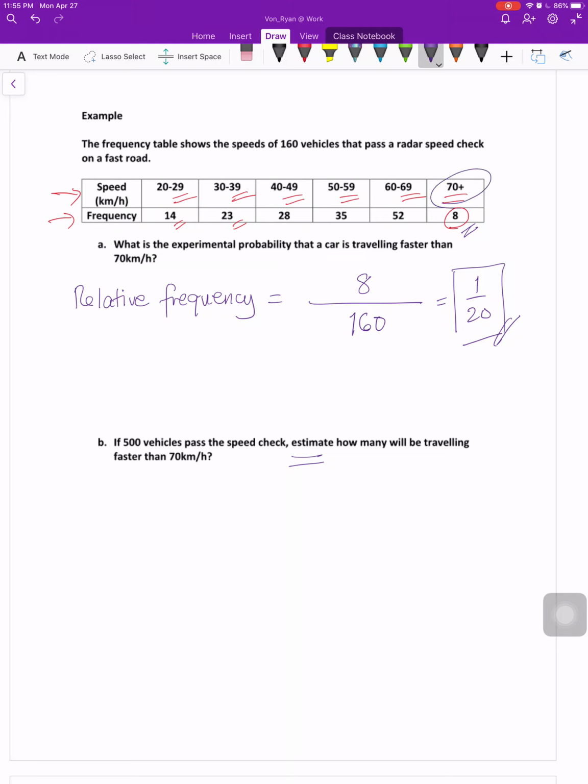And so we use our experimental probability or our relative frequency to estimate. So if we have 500 vehicles traveling, how many of those will be traveling at 70 plus? We know that if we have 500, let's just get 1 out of 20 of that.